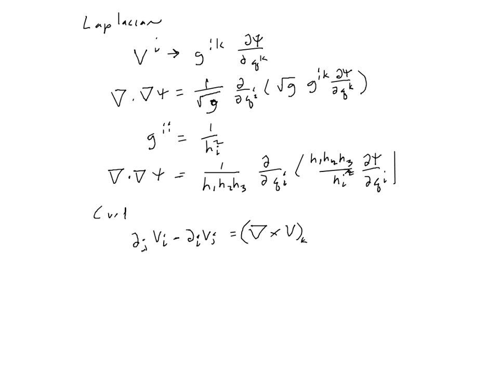Then you could see that you could write this as v_i, maybe it's a covariant derivative, right? And so you would take your covariant derivatives and you'd have your partial derivative term. And then from that, you'd subtract off your other term.